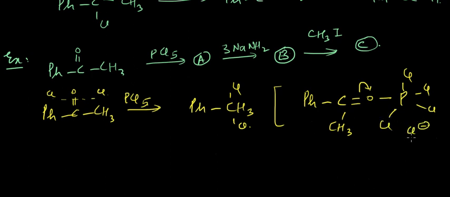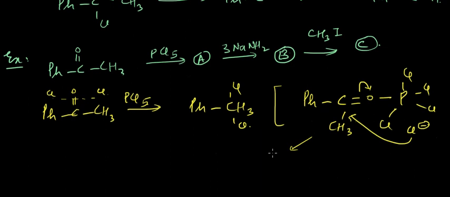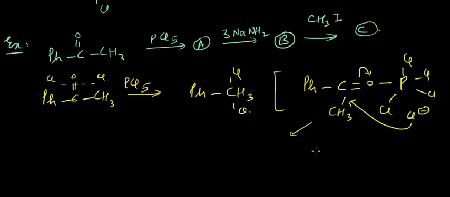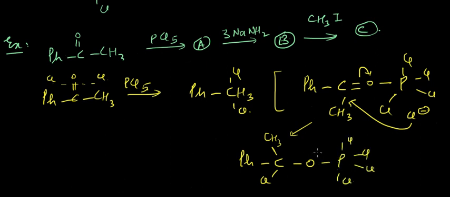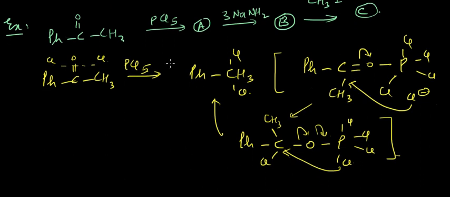This Cl minus would be attacking again on this carbon atom, forming PCl4 and a double bond here. It will take its electron from carbon, and Cl will attack here. So we will have something like this as the formed product. Okay, so this is the A compound.